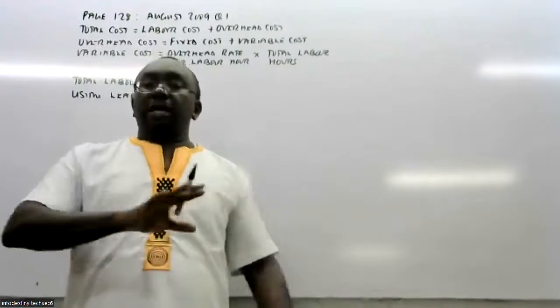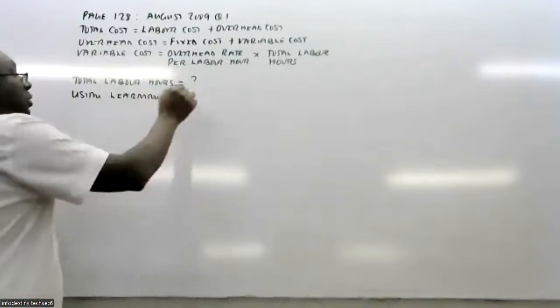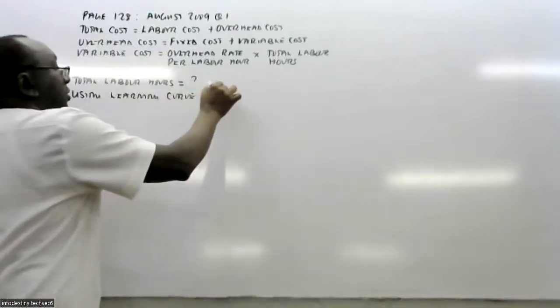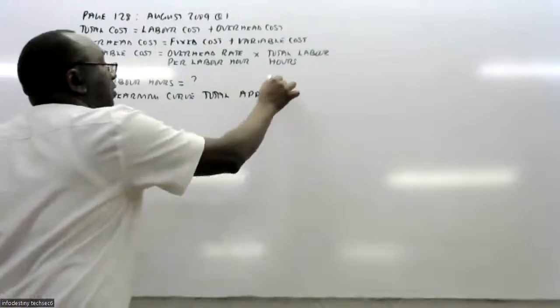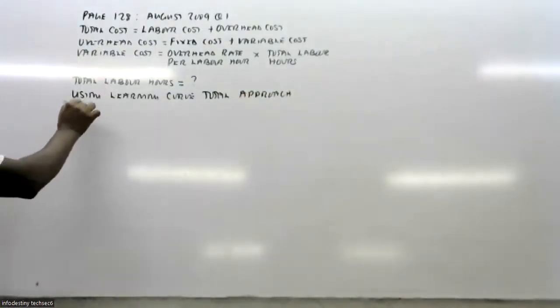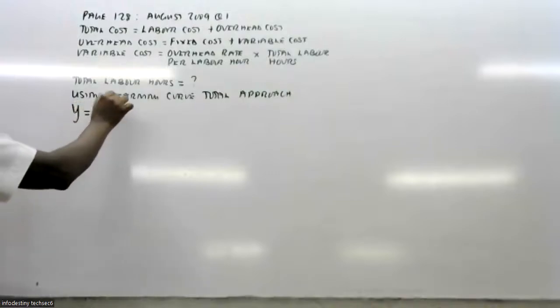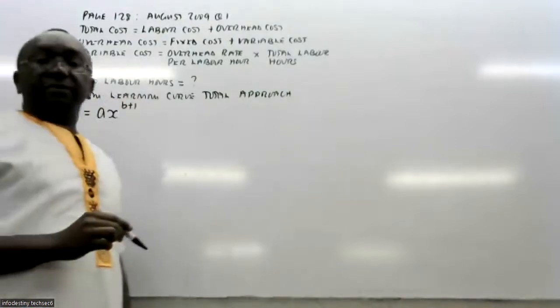Here, because we are dealing with all the 600 kitchens, we are talking of the total approach. Using the learning curve, total approach, you quickly write the formula. Y is equals to aX to the power b plus 1. That is the formula.